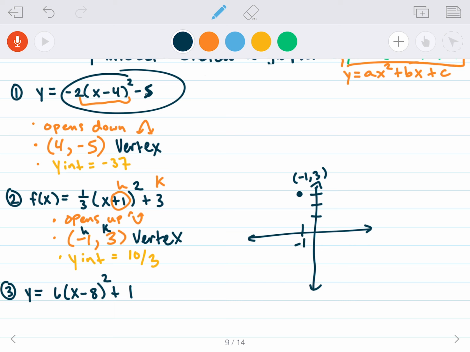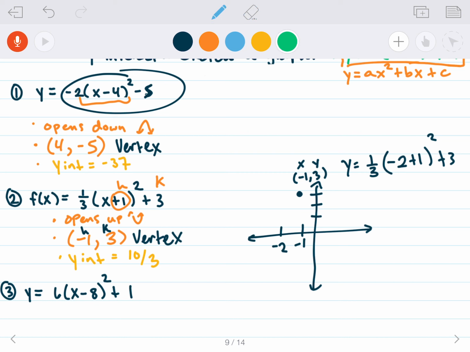So if I want to get another point, I can look to the left of x equals -1, which is x equals -2, and plug that into a little t-chart. So when x is -2, I get 1/3 times -2 plus 1 squared plus 3. So this is y equals this.